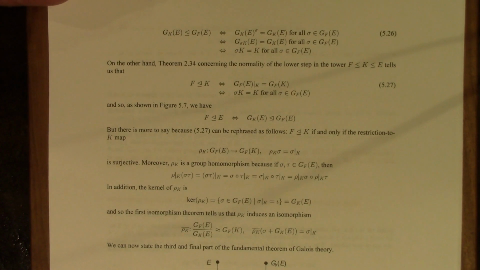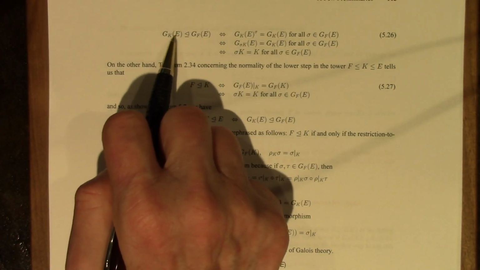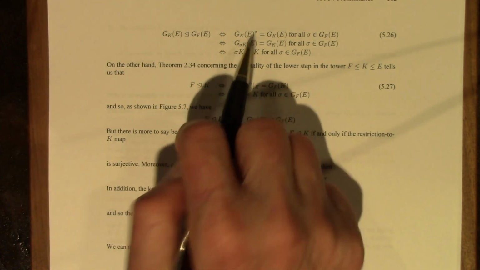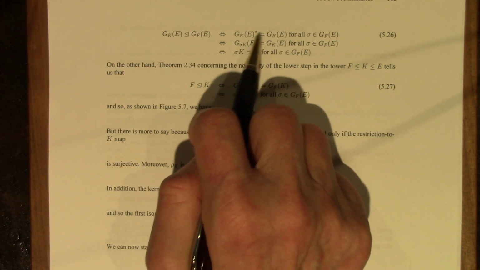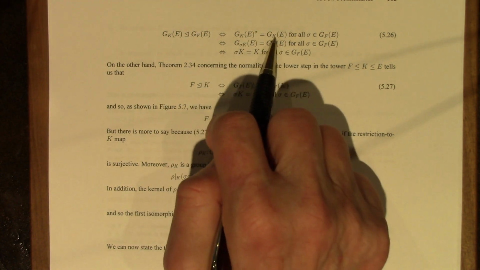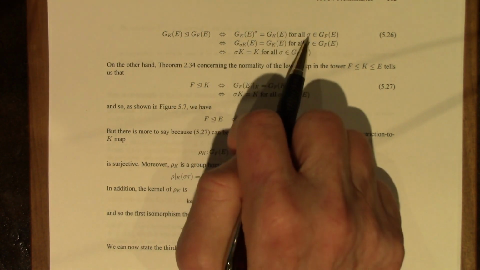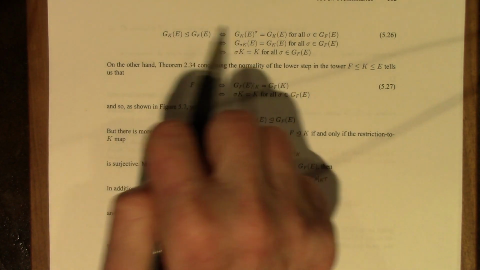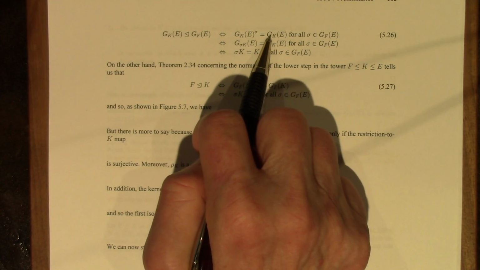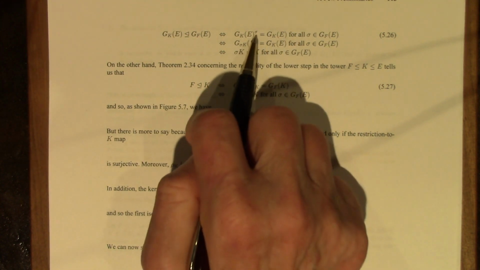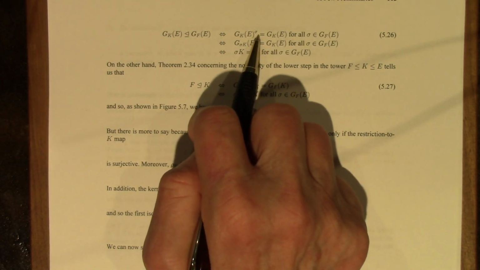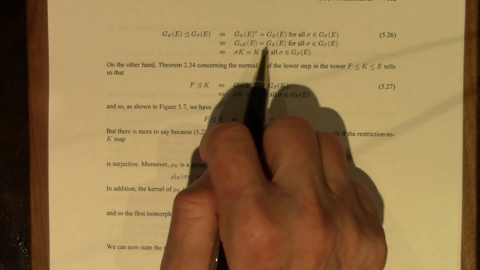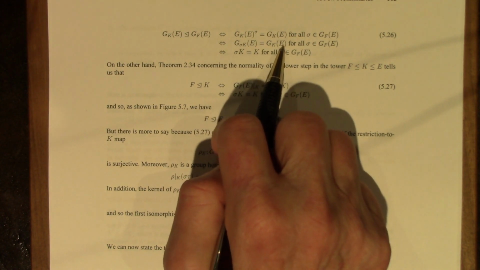So we can say that G(K/E) is normal in G(F/E) if and only if, by definition, any conjugate of G(K/E) is itself, where sigma ranges over the full group here. Okay, so G(K/E) is closed under conjugation. That's normality. And the result we just talked about conjugates, this is equivalent to G(σK/E) equals G(K/E).